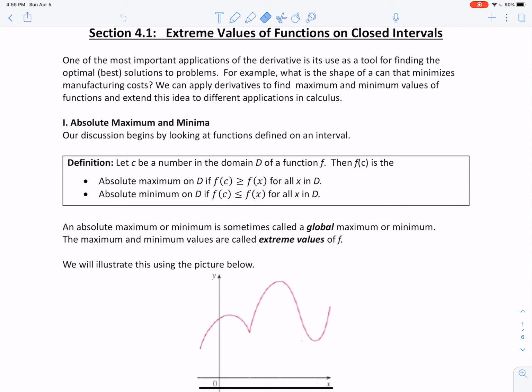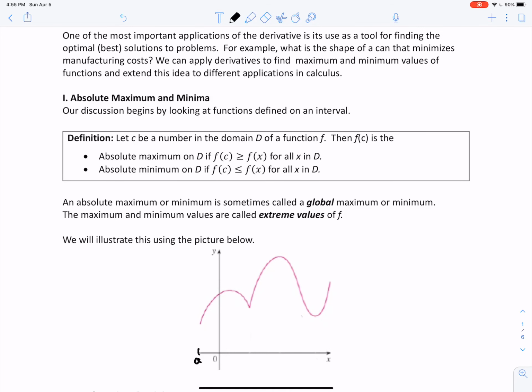We will illustrate this using the picture below. The figure shows the graph of a function f. I'm going to label some x values on the graph: a, b, c, d, and e.